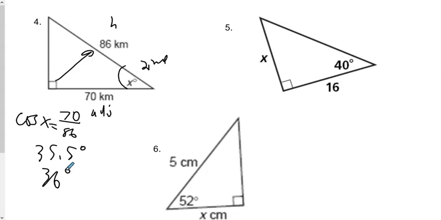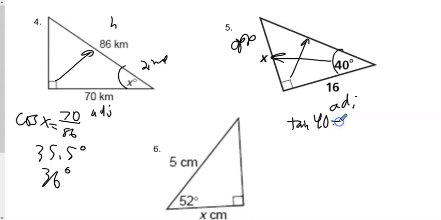Number 5. Oh, we know the degrees. Okay, here's our angle. So what do we have? Opposite and adjacent. Okay, opposite adjacent is TOA. Notice we don't have any hypotenuse, so it has to be tangent.